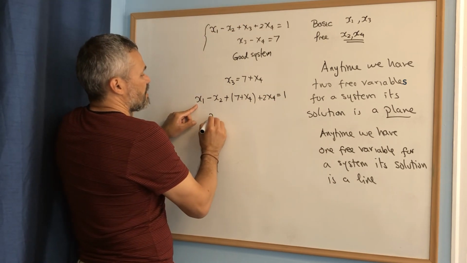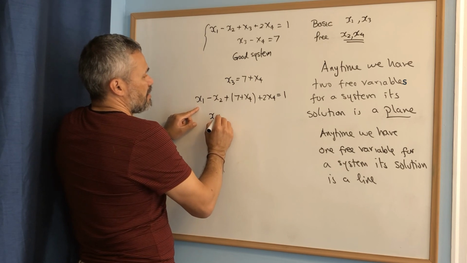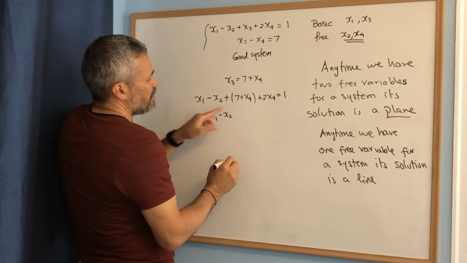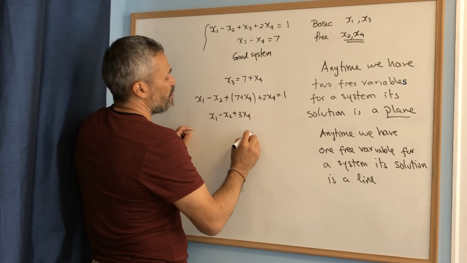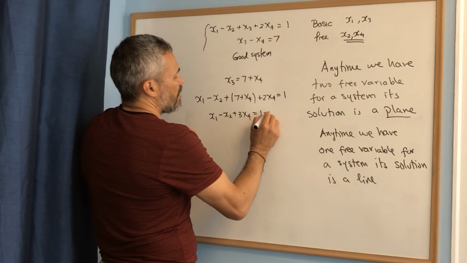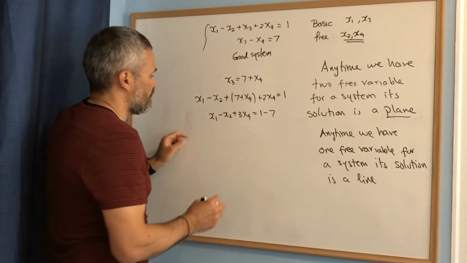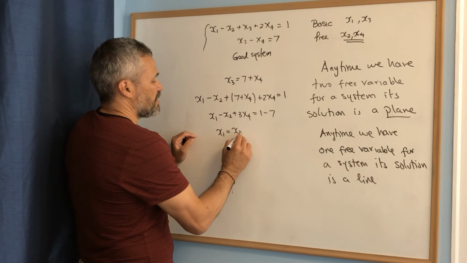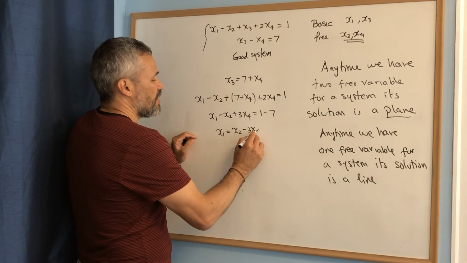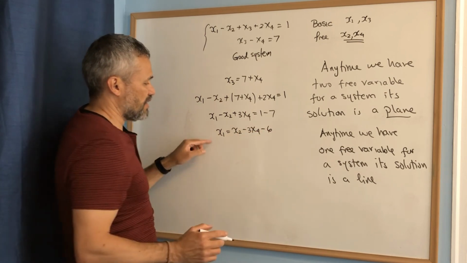And then we have that x1 minus x2 plus 3x4 equal to 1 minus 7. Move the 7 to the other side. And then I have that x1 is x2 minus 3x4 minus 6.